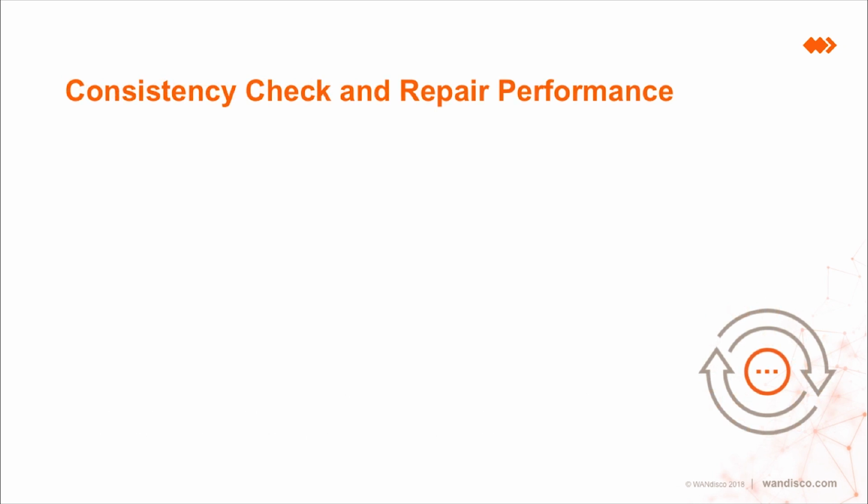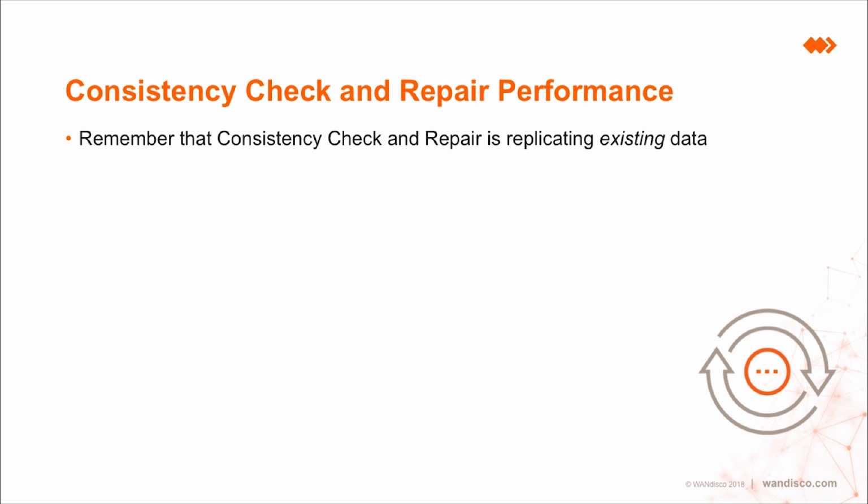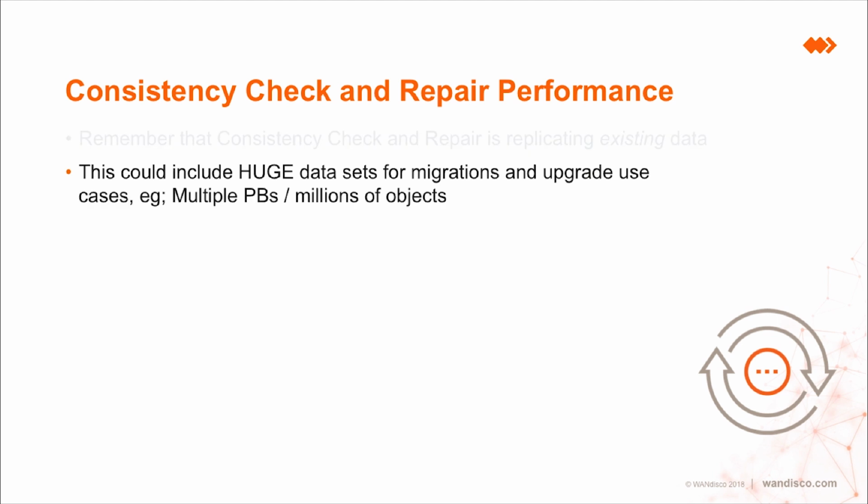Consistency check and repair performance. Consistency check and repair replicates existing data. This is where you run the consistency check and it says this is where the two clusters are not in sync. In the repair, using one of them as the source of the truth, we'll copy that data to make it consistent.